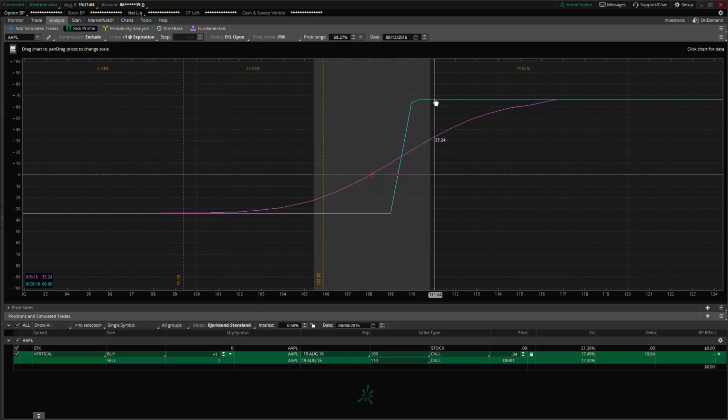So as Apple moves higher, all the way up to 110, my profits are capped there at $66. So I'm risking $34 to make $66. That is a bull call spread in Apple. The August expiration 109, 110 bull call spread in Apple.